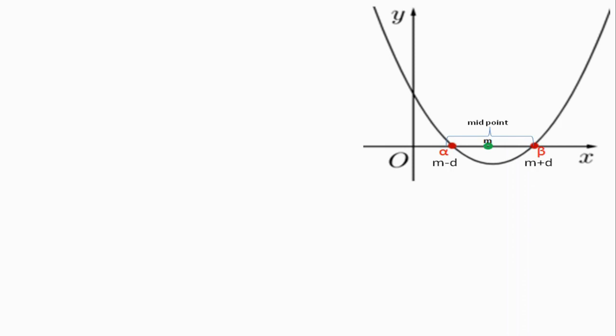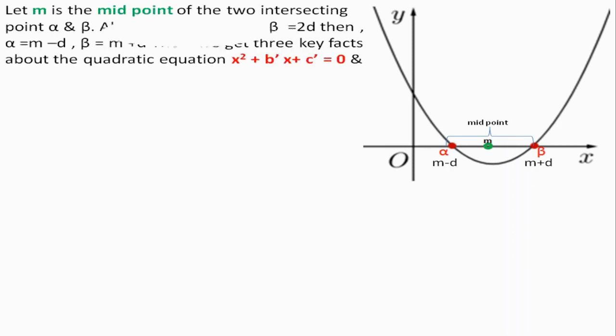It is m plus d, because m is the midpoint. A very important thing: the difference between alpha and beta is 2d. And we can say that m minus d and m plus d are the zeros of this quadratic equation.